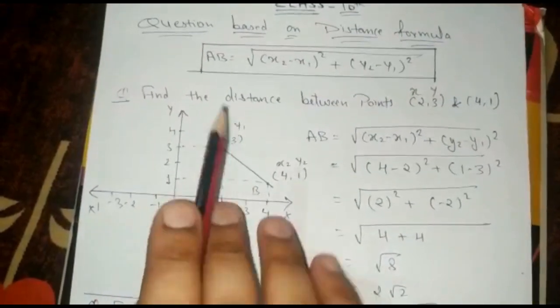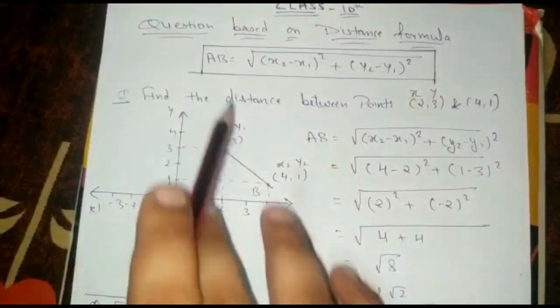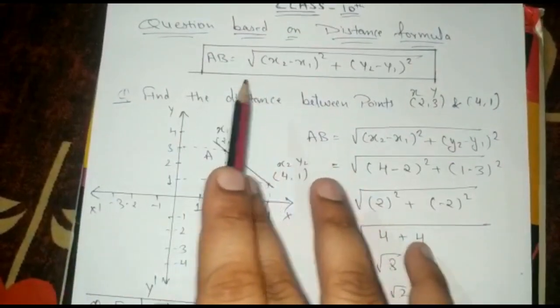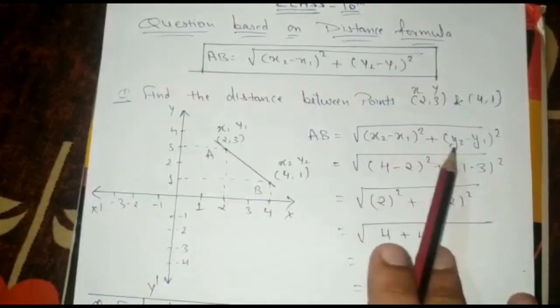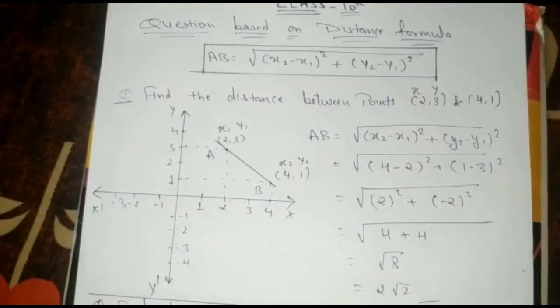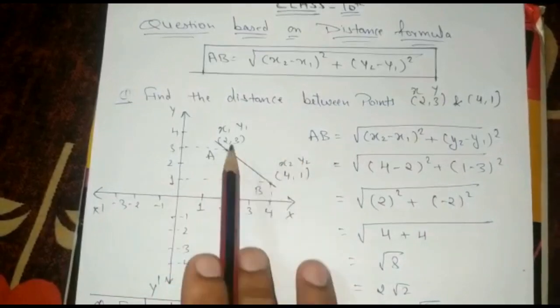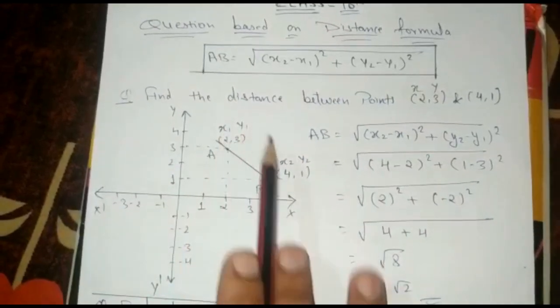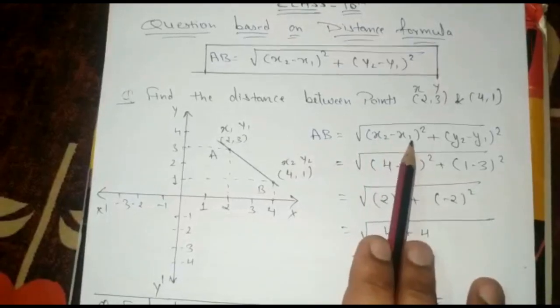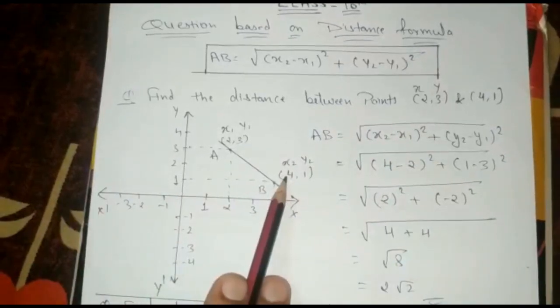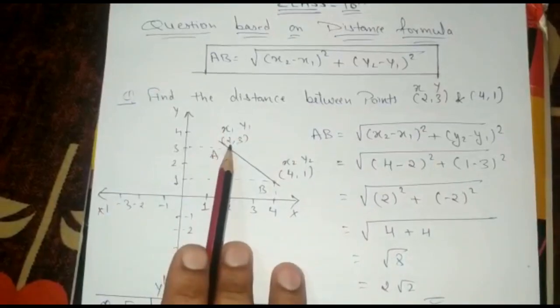We have discussed the distance formula in our previous class, that is, AB will be equal to the square root of (x2 minus x1) the whole squared plus (y2 minus y1) the whole squared. Here we can consider this as (x1, y1) and this as (x2, y2). The formula says (x2 minus x1) the whole squared, where x2 means 4 and x1 means 2.